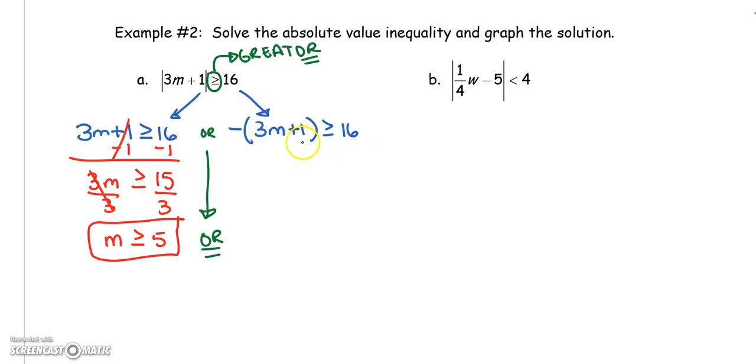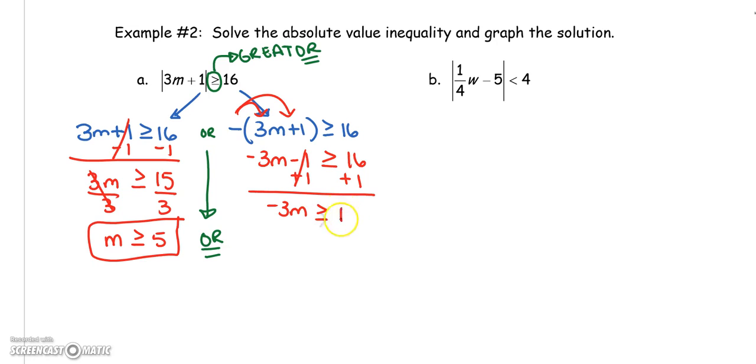And I'm going to solve the second one. I am going to distribute this negative value. So I have negative 3m minus 1 is greater than or equal to 16. Add 1 on both sides. We get negative 3m is greater than or equal to 17. Divide by negative 3.